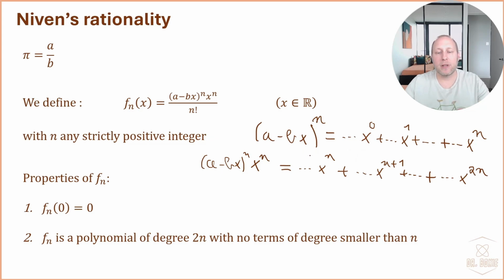And now we still have to divide it by n factorial, but n factorial is a number, it doesn't depend on x, so all it will do is change the coefficients in front of the x's. It won't actually change the fact that it is a polynomial. And not only is it a polynomial, it's a polynomial of degree 2n, and there are no terms in this polynomial of degree smaller than n. So this is the second property.